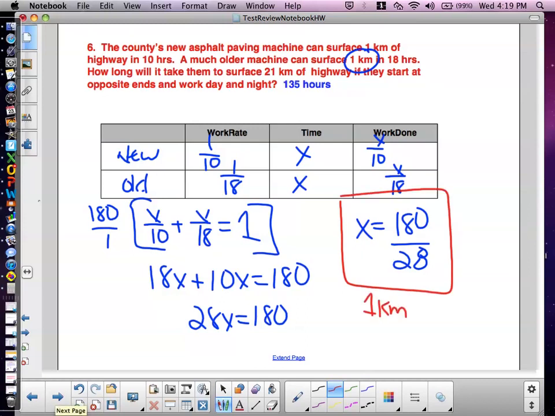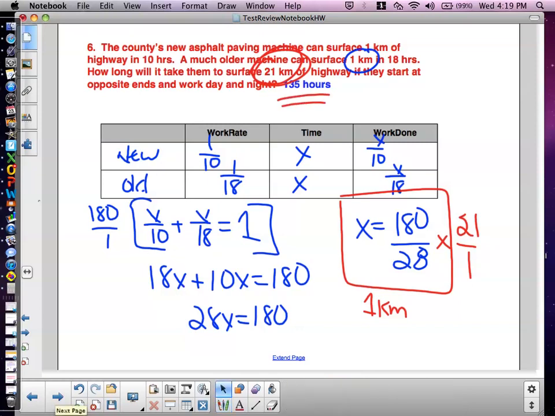And the problem's asking me, how long would it take to cover 21 kilometers of highway? So I simply took this fraction and multiplied it by 21 to represent 21 kilometers. And when I did that, I ended up with the integer 135. And since everything is given in hours, that answer is interpreted as 135 hours.